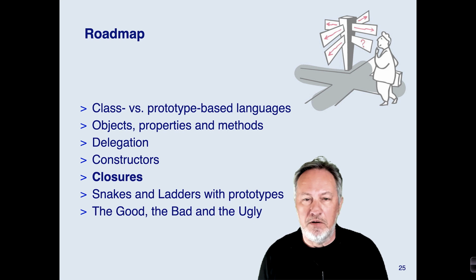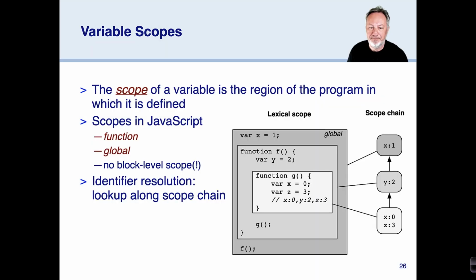Now let's have a look at closures, which have a particular affinity to the lambda calculus. The scope of a variable is the region of the program in which it is defined. Now it's important to understand the concept of lexical scope.